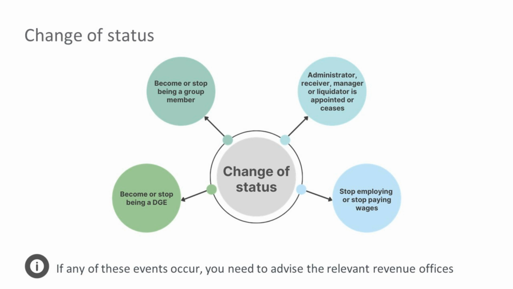You cease to employ and do not intend to resume being an employer for the remainder of the year or next financial year. If any of these events occur, you need to advise the relevant revenue officers.